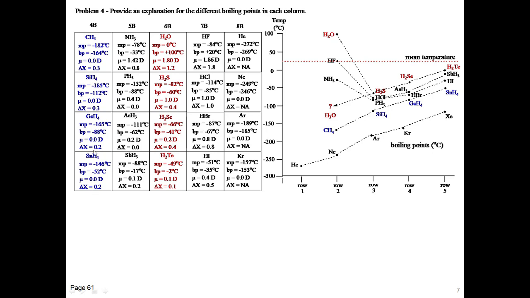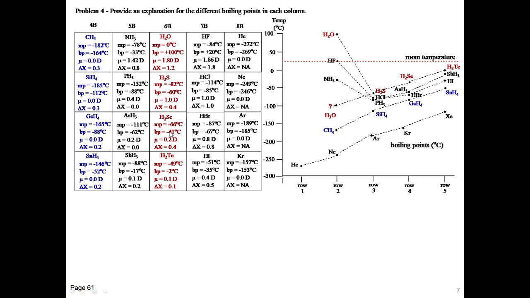There's no polarity. So the only thing holding one molecule to its neighbor would be dispersion forces. And as we just saw, if the atom gets bigger, then the dispersion forces should be larger and the boiling point should be higher. So if we look at the boiling points, it's exactly what happens, just according to our little model.